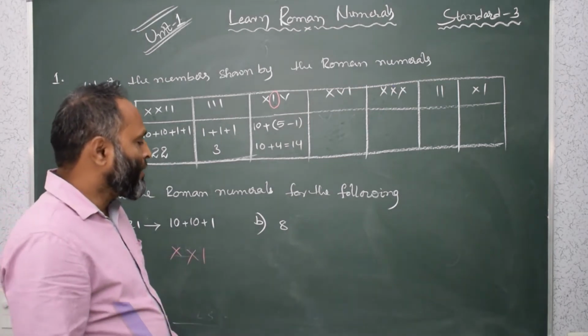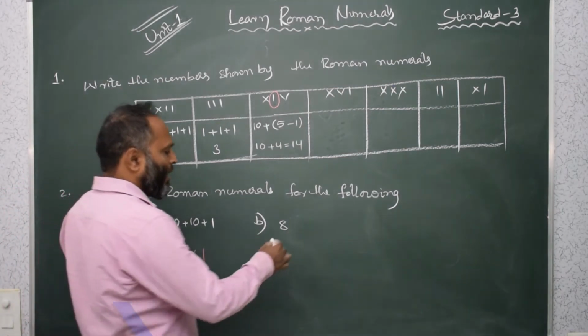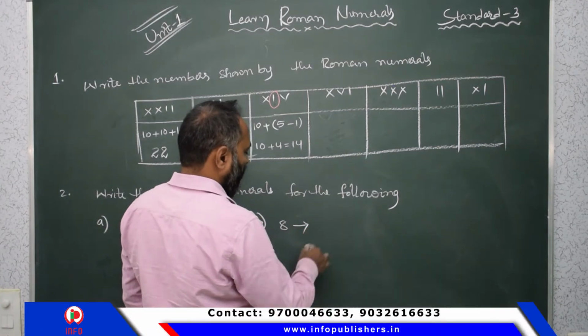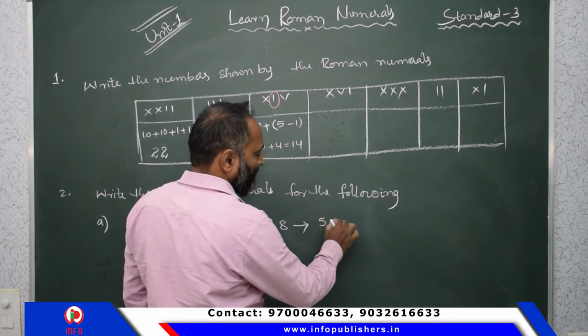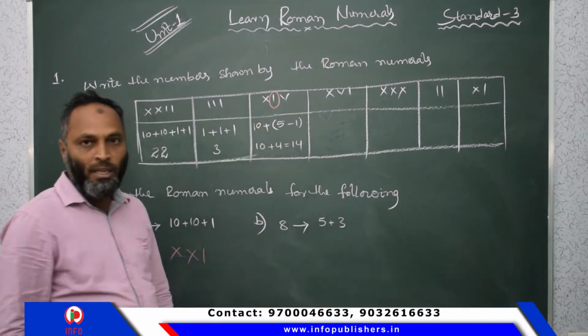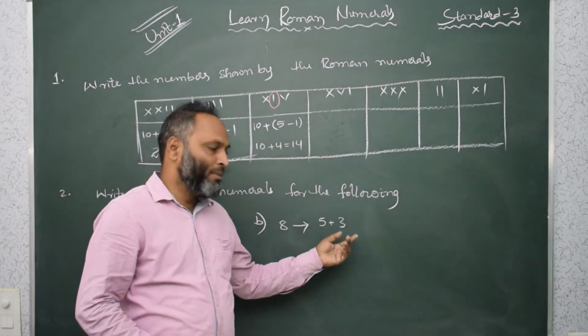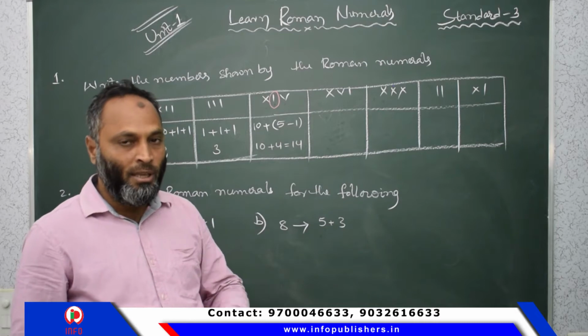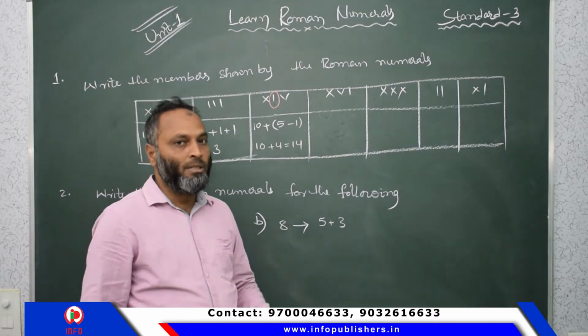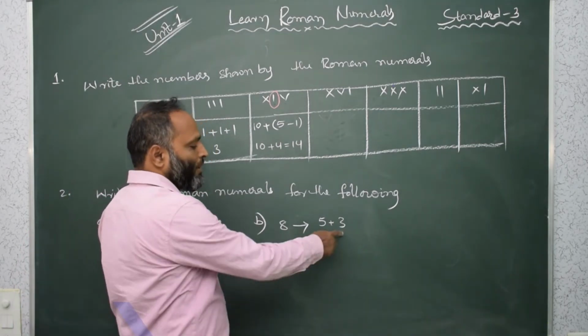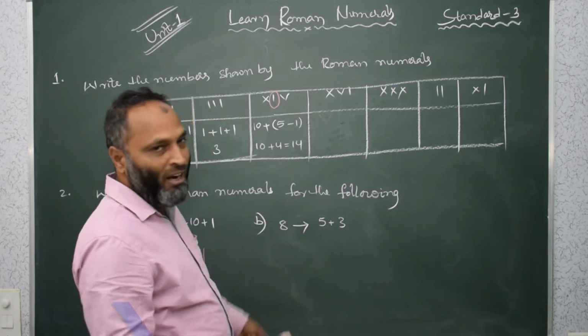And here 8, then how to take 8? How to write this 8? 8 means 5 plus 3. 5 plus 3, 8. The 5 representation is there in the Roman system, but the 3 representation is not there in the Roman system. Then how to write 3 in the Roman system? Again we have to convert these 3 into Roman alphabets.